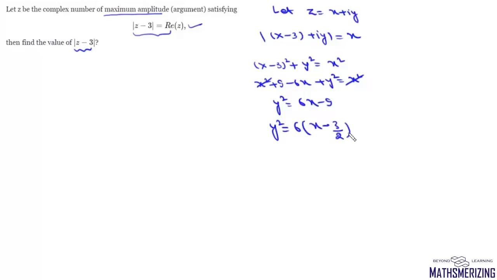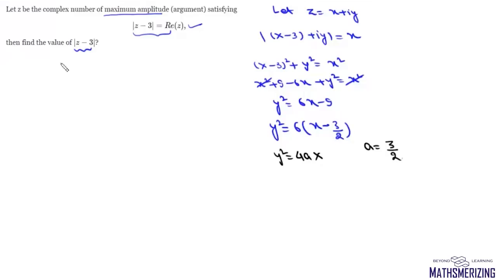If we compare it with the standard parabola, then it will be y square equals 4a capital X. Now in this case, the value of a is simply 3 by 2. So we have this parabola whose vertex is at (3 by 2, 0).